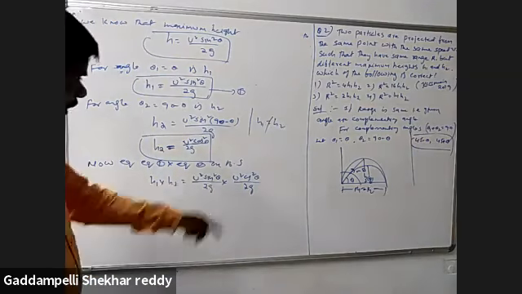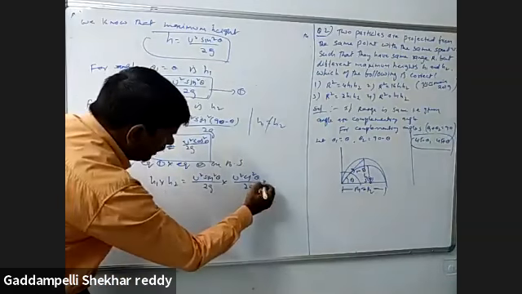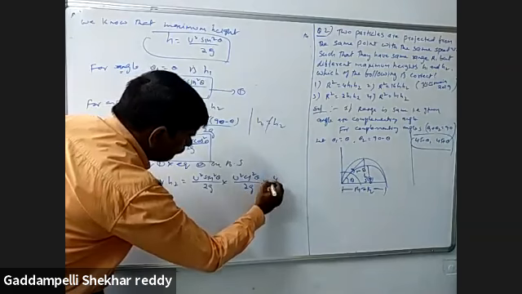So this is converted to range form. We multiply and divide by 4 by 4.